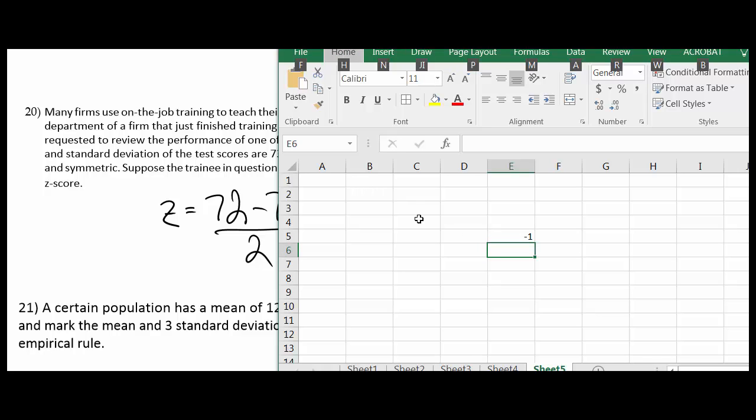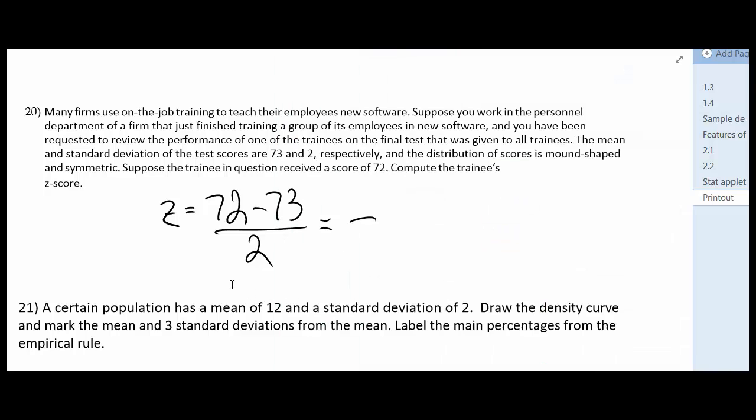And divide that, so it equals that number divided by 2. So I get a z-score of negative 0.5. Okay, so clearly this person is below the mean.